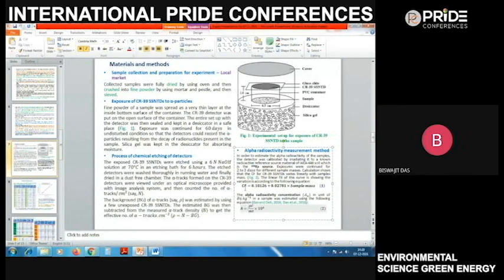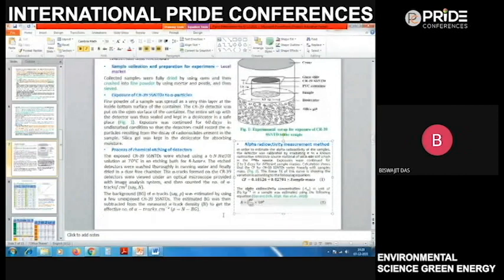C is the calibration factor. M is the mass of the sample in milligrams. T is the exposure time. This factor can be expressed in units of becquerel per kg, so a factor of 10 to the 6 is multiplied with it.